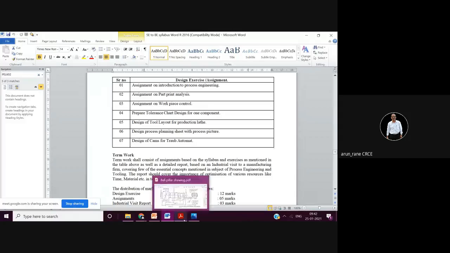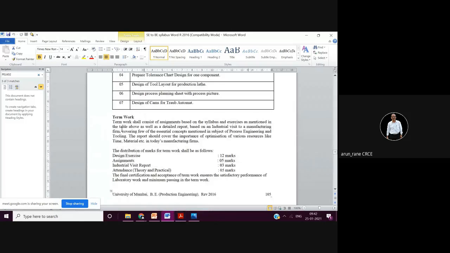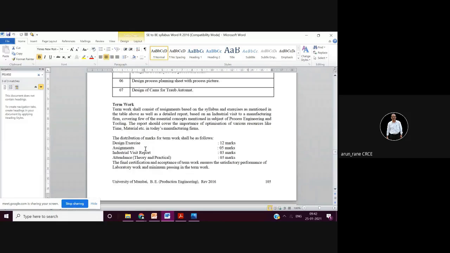Now, depending upon whether it is going to be offline or online, what I am talking about is for the offline, hopefully. So the distribution of the marks for the term work is this: design exercise 12 marks, then assignment, then industrial visit if it is offline, and then attendance.